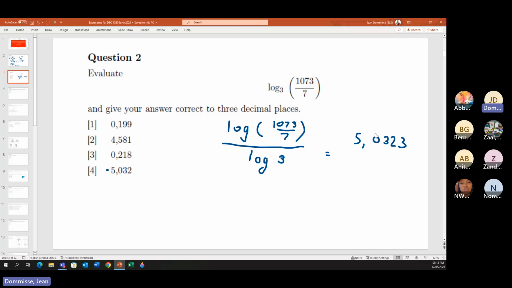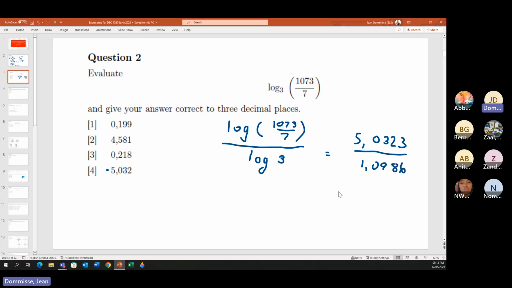So again, just be wary if you work out in the exam that you don't just quickly assume that is then the answer. And if you take log 3, that is 1,0986.